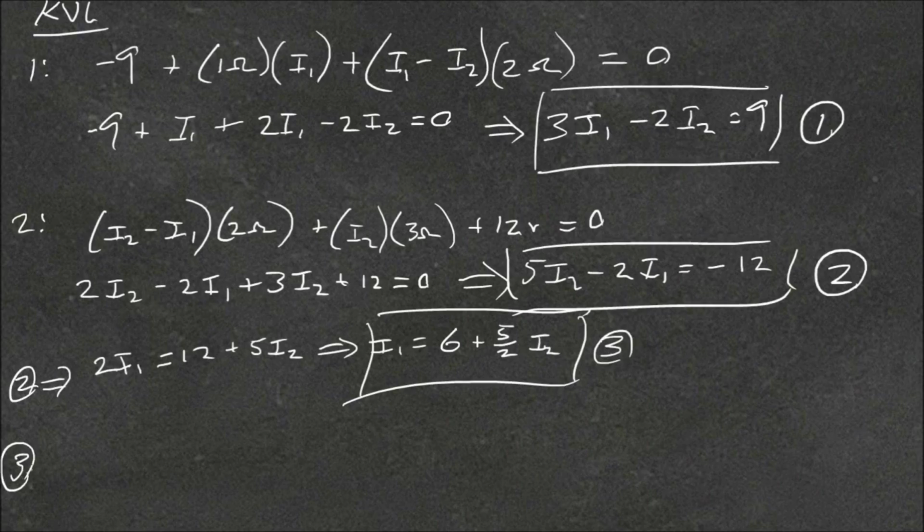We'll put equation 3 into equation 1, and we'll get 3 times by 6 plus 5 on 2 I2, so we substitute for I1, minus 2I2 equals 9.